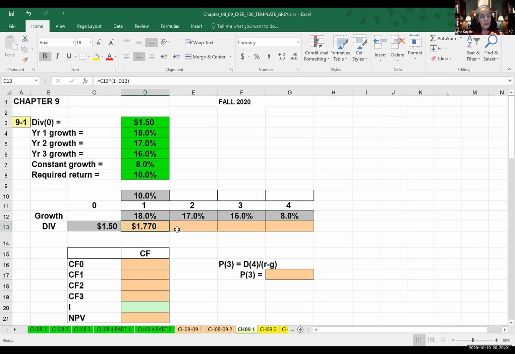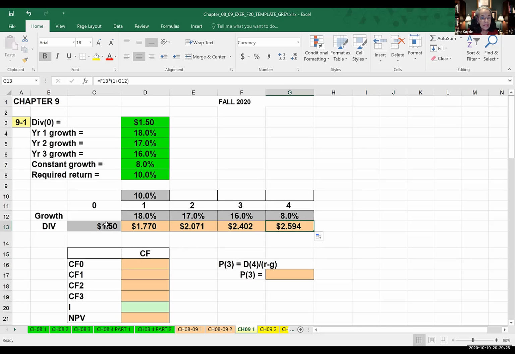Okay. So the next dividend is the exact same thing. It's this times 1.17. So you can just drag it across. 1.594... 1.77 times 1.17, 2.071 times 1.16, 2.402 times 1.08 is that.